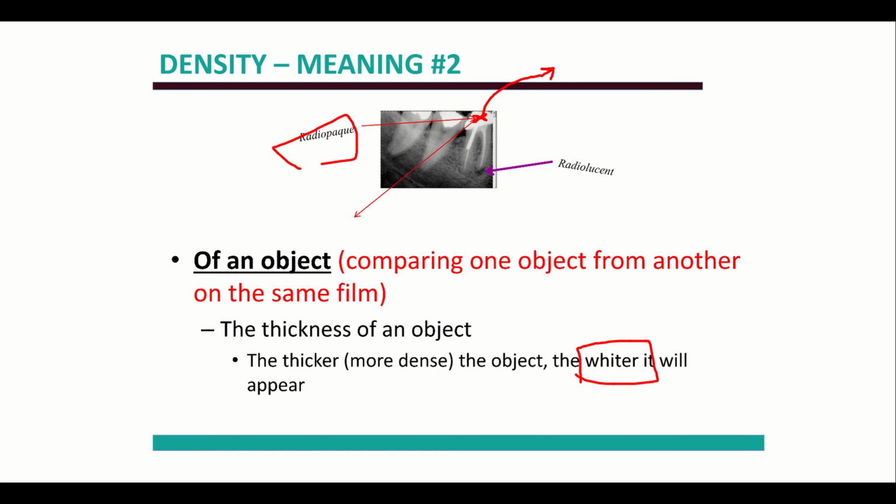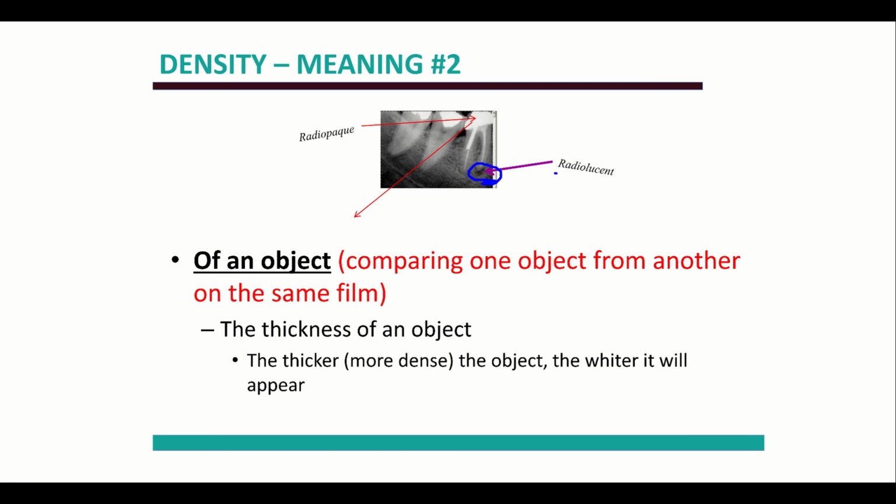If something is not dense, it's an airspace or it's fluid. In the case of an abscessed tooth where there is infection, you can see this infection here. What actually happens is the infection eats the bone. So that's actually a hole in the bone now where the infection is. Since it's a hole, it is not dense.